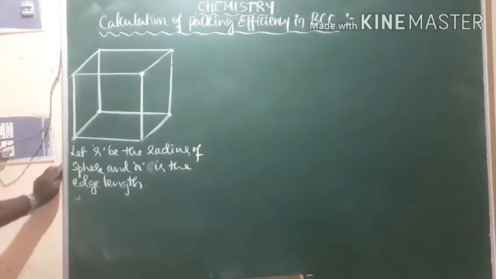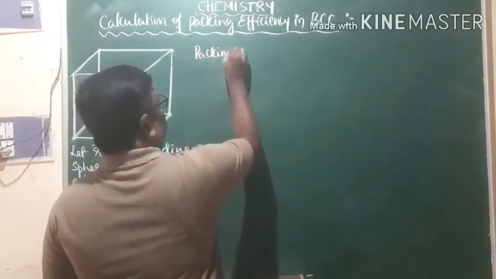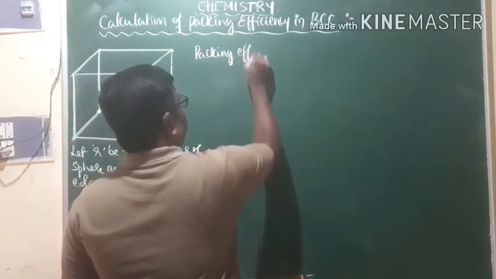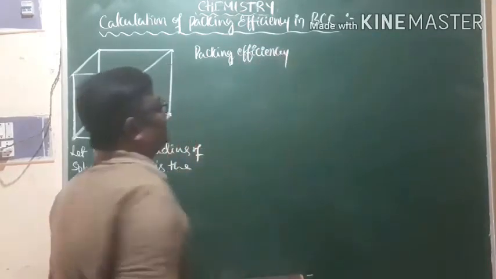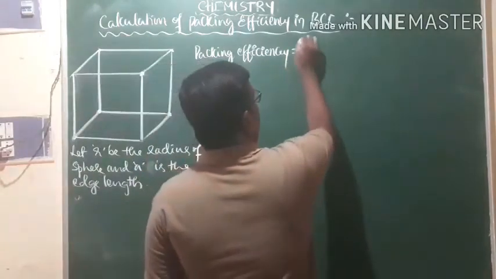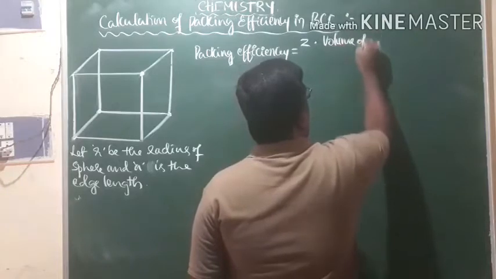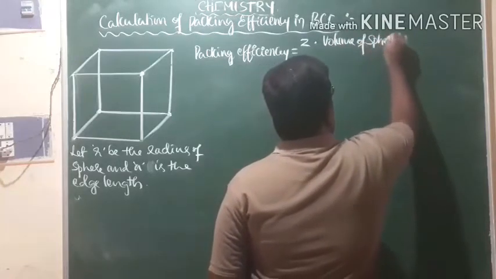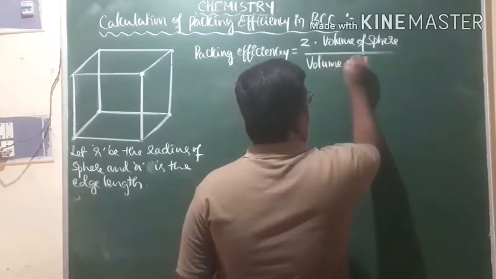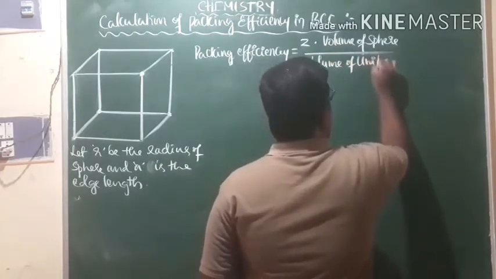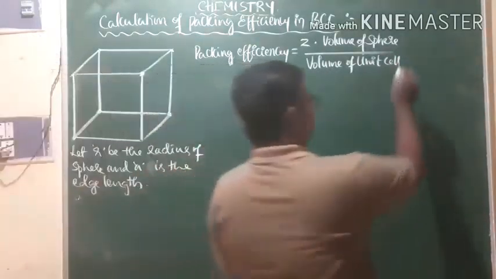As usual, packing efficiency equals Z into volume of sphere divided by volume of unit cell into 100.